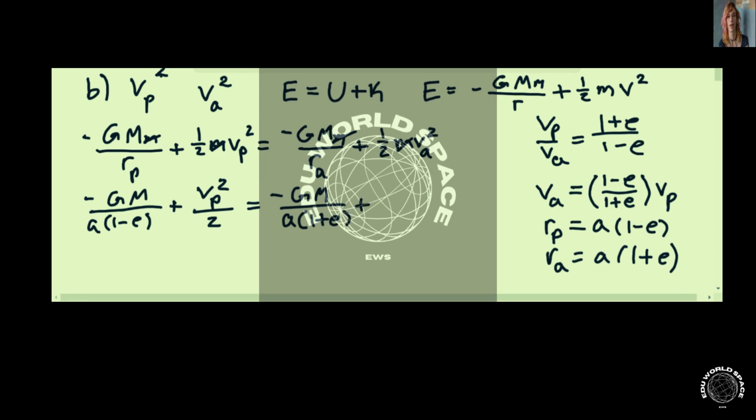Plus, all right, now I've got my VA, which again, I'm going to replace with this term over here. So it's now ((1 minus E) over (1 plus E)) all squared, VP also squared, and then all of that is over 2, or 1/2 of that, I could say. Stick that 1/2 out in front.